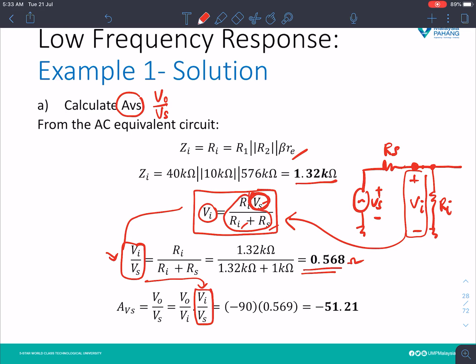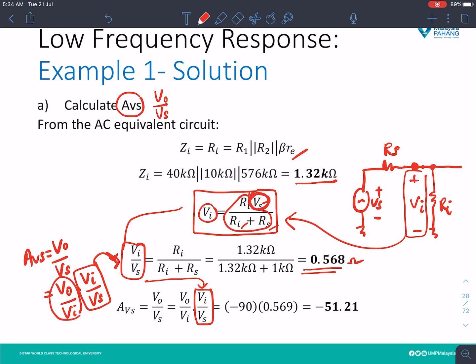Then this value is inserted into here, because we know that AVS is Vout over Vs. So Vout over Vs, we get from Vout over Vin multiplied with Vin over Vs. That's why you have to calculate this first, because you already have Vout over Vin.